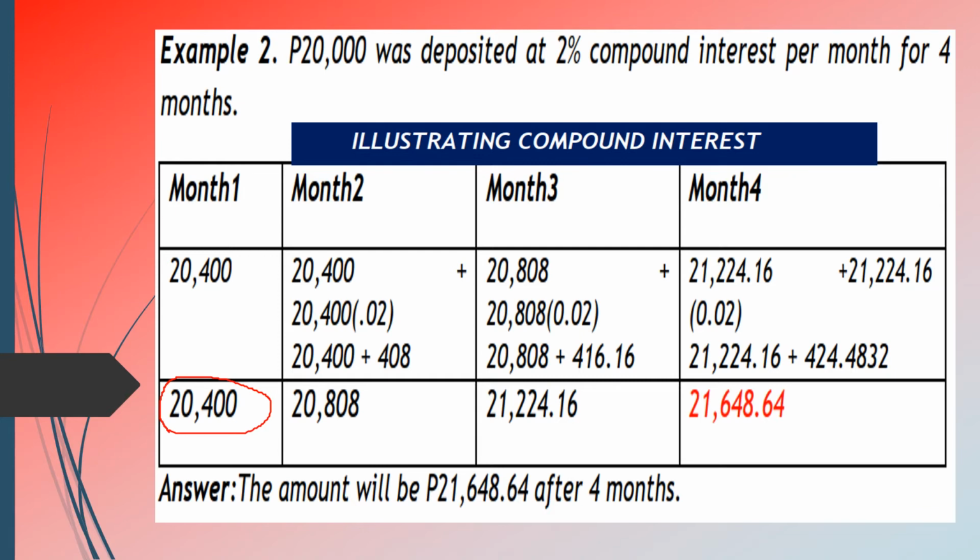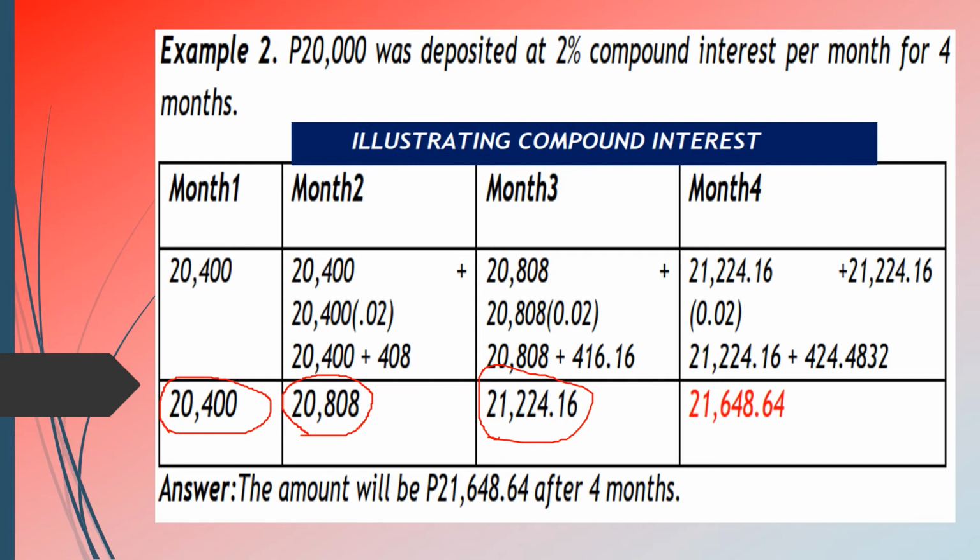This amount, 20,400 pesos, is now the new principal amount for month 2. And this principal must be added with the interest that should be gained in month 2, giving 20,808. And this new amount in month 2 will be the basis of the new principal amount on the third month, which gains another interest, and that results to 21,224.16.